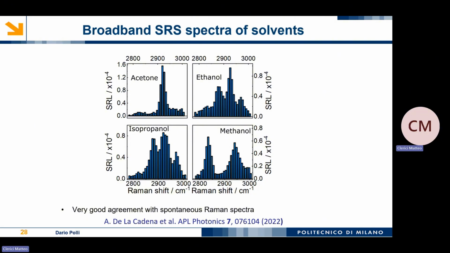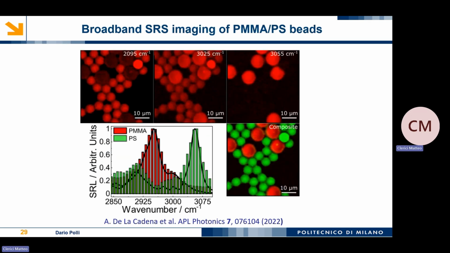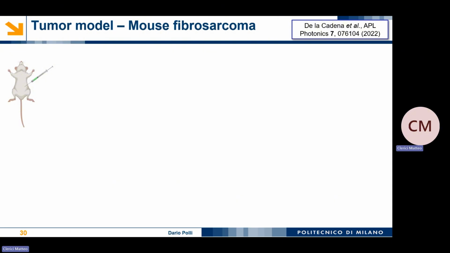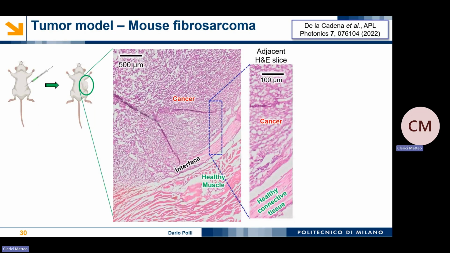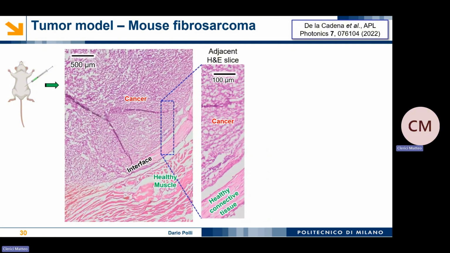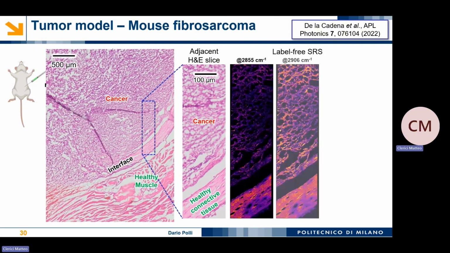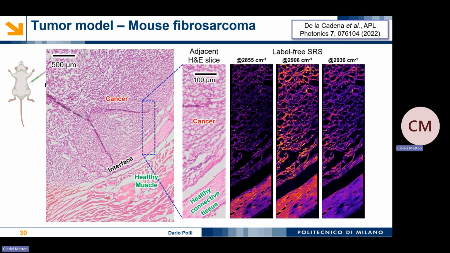These are test results in different solvents. We can distinguish different chemical components doing imaging. And we can also do biology. For example, this is a fibrosarcoma injected under the skin of a mouse. And then there is one slice which is stained with H&E. The next adjacent slice, which is not colored, is measured with label-free SRS.